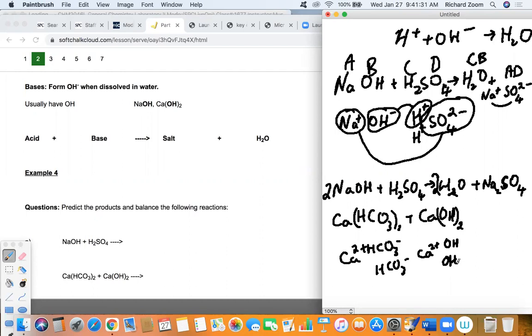And again, we know that Ca is 2 plus because it's in group 2, or you can say there's 2 OHs with it, so they're negatively charged, which means that Ca must be positive 2. So the H comes out here as H plus, and the H plus is what joins with the OH minus. And that's what forms the water.